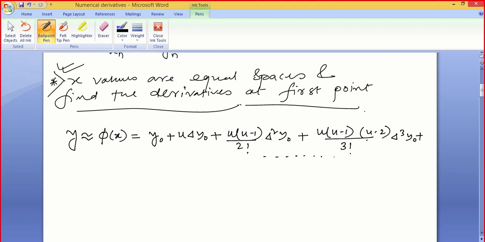That will be the last term. In that way it will keep continuing, where u equals x minus x0 by h, isn't it? That is our Newton forward interpolation interpolated polynomial formula. Okay.